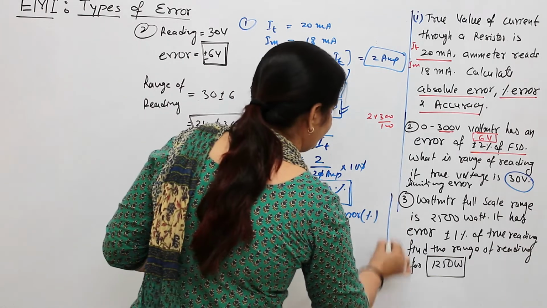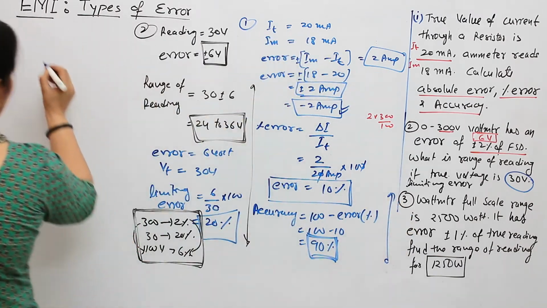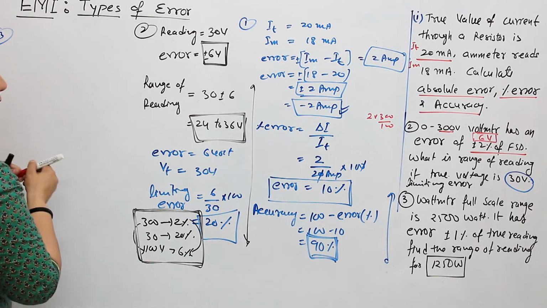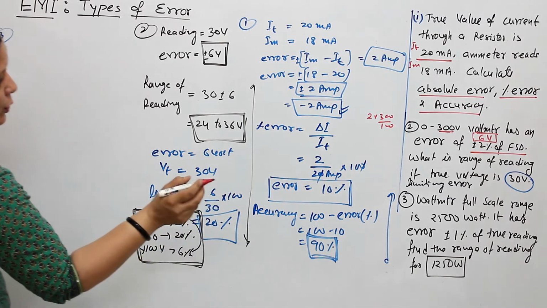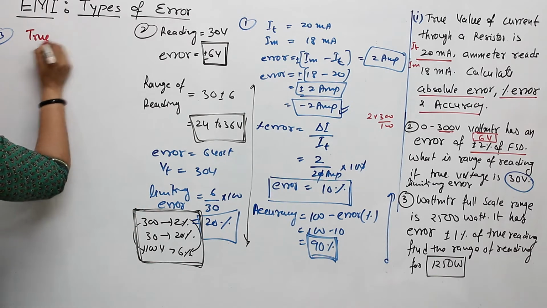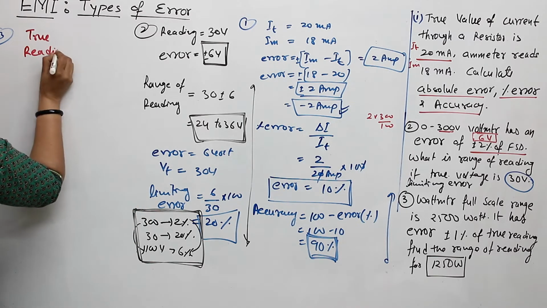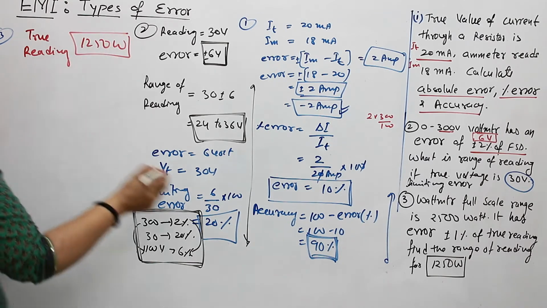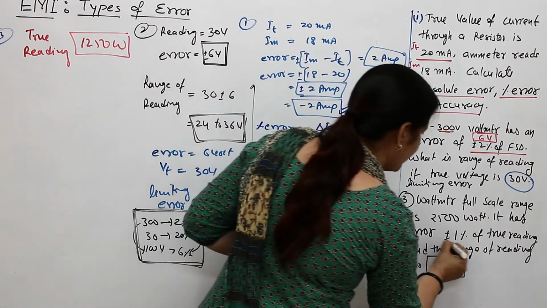This is included to check the conformity of the concepts a student holds in a subject. So we solve numerical problem 3, which says find the range of reading for 1250 watt. The true reading is 1250 watt, and the error is mentioned as plus minus 1% of true reading.